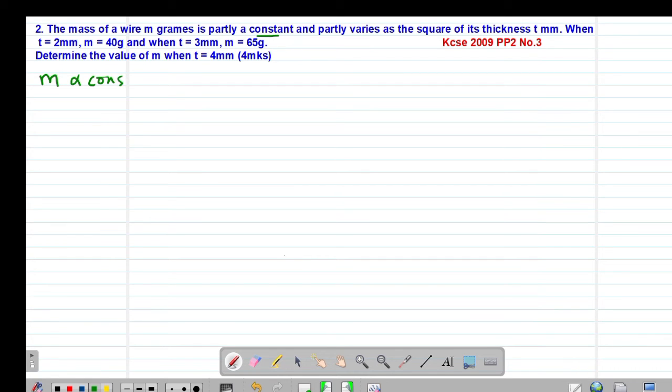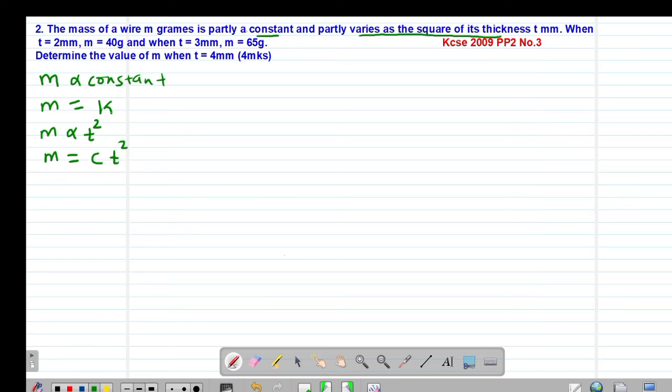So this one simply means that I'm going to have M being equal to, let the constant be K. Then, and partly varies as the square of its thickness T. So that means M will be equal to, let the other constant be C, T squared.